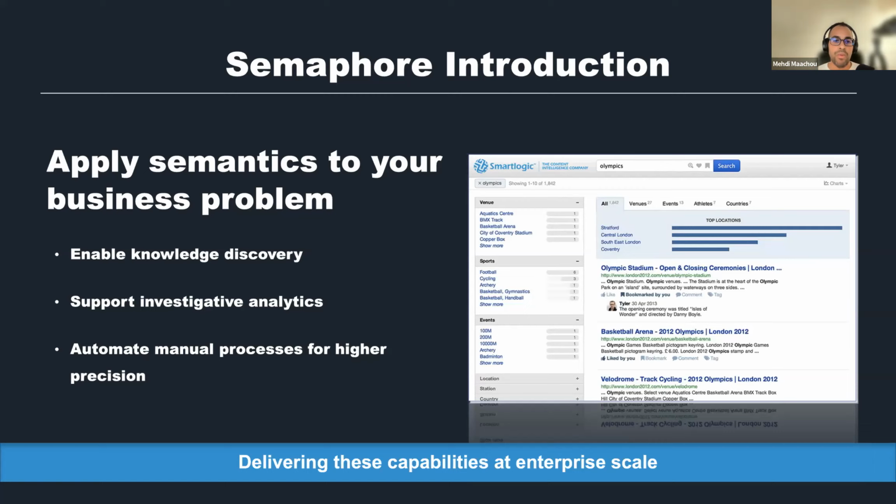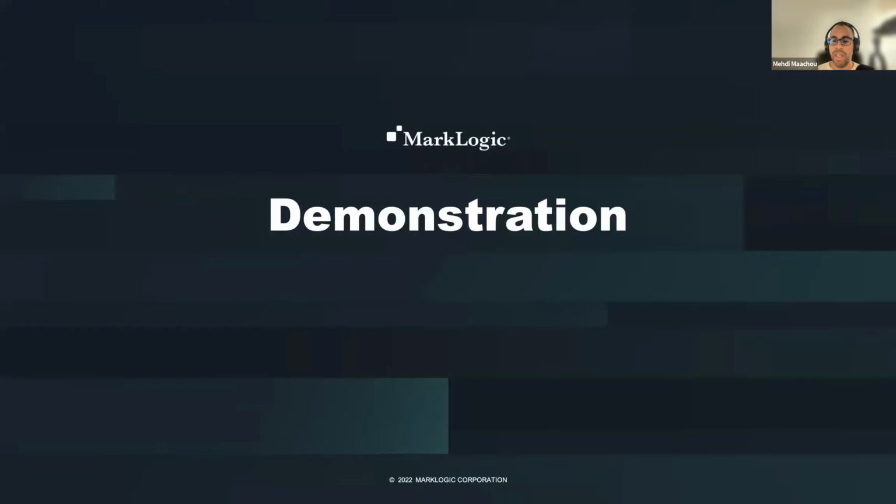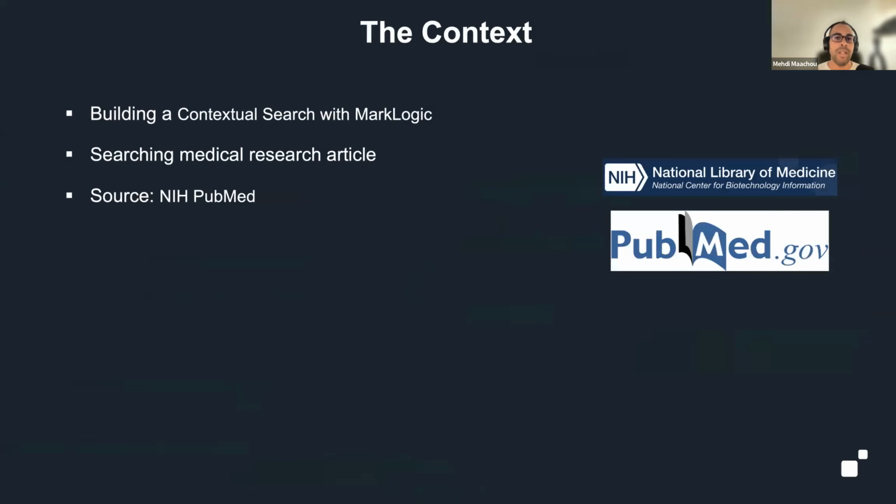So just to illustrate all those capabilities, we did prepare a demonstration for you guys today. And before going into the demonstration, I wanted to give you a little bit of context on what we did. The demonstration that we're going to see today contains research articles published by the NIH PubMed organization.